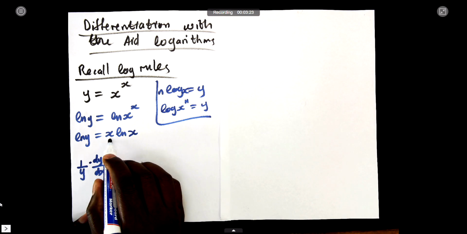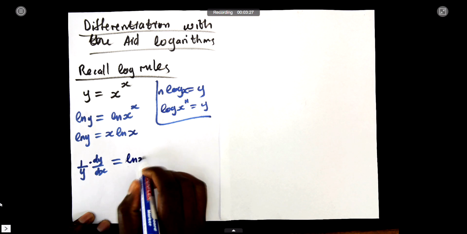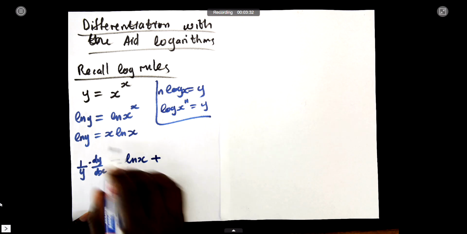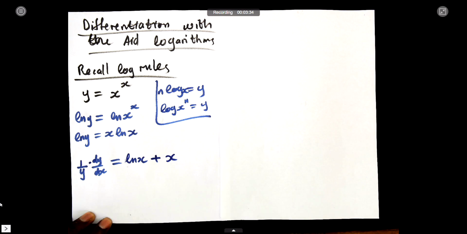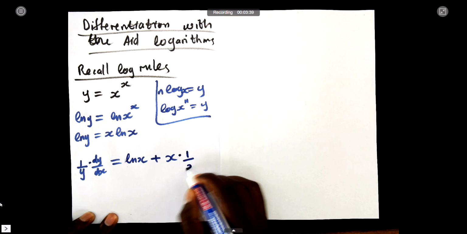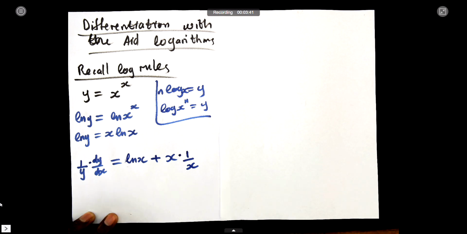According to the product rule, we differentiate the first function x, which gives 1, multiplied by the second function ln x. In the second term, we multiply by x and differentiate ln x, which is 1 over x, multiplied by the derivative of x, which is still 1.